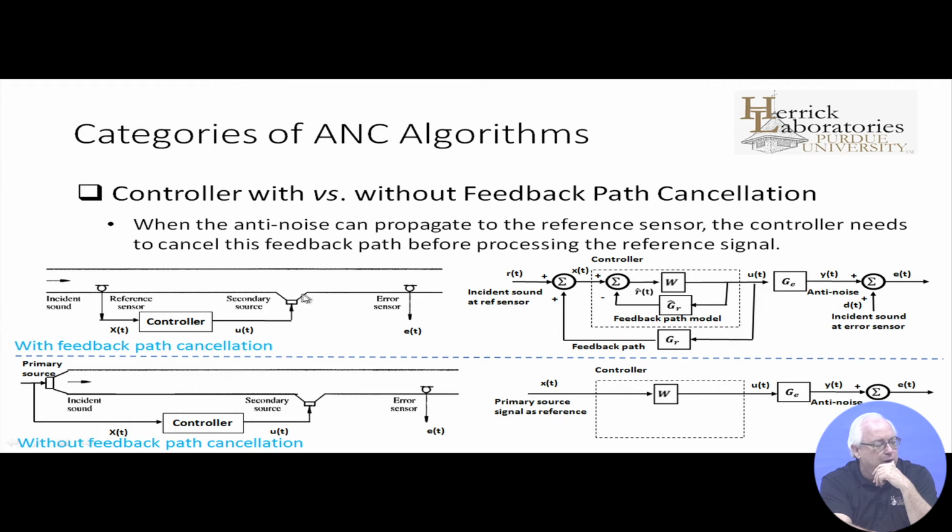And then there are controllers with and without feedback path cancellation. Again, this idea that if you generate a signal here, it's going in both directions. And so if you know what the signal is you're generating, you should be able to eliminate it from the signal that you're measuring here, and so generate a secondary signal that is not influenced by the feedback, and so on and so forth.